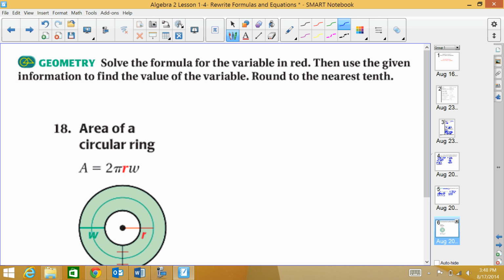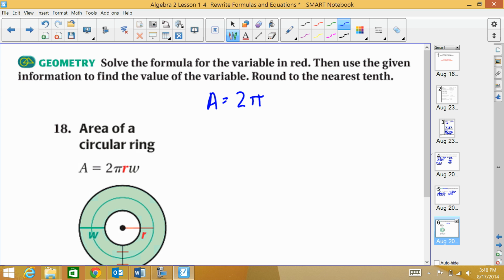And the last one, solve the formula for the variable in red, then use the given information to find the value of the variable, round to the nearest tenth. So first we're going to solve the formula for the variable in red. So the area of a circular ring is 2 times pi times radius times w, whatever w is in this case, which is probably the width of that area. So we're going to solve for r. So I'm going to rewrite this up here.